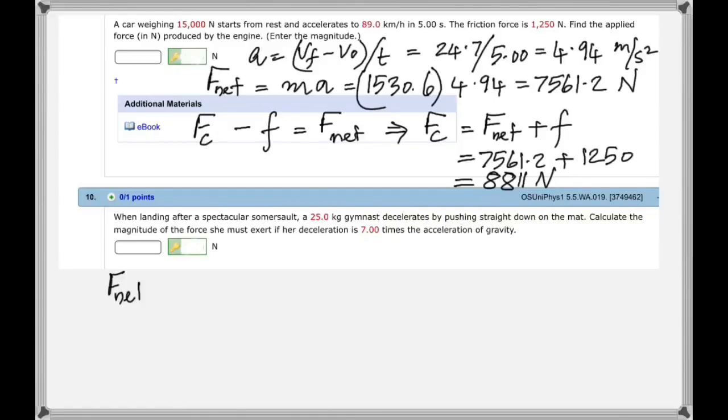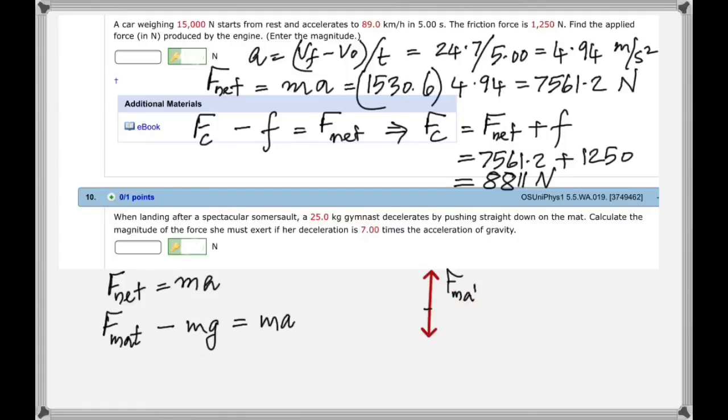The next question talks about a gymnast of 25 kilogram mass decelerating by pushing straight down on the mat. Now remember that when she applies the force on the mat, there's a reaction of the mat on that gymnast. So the net force in this case is MA, but the net force is the upward force applied by the mat on the person minus the weight, because it's acting down, should be equal to MA.